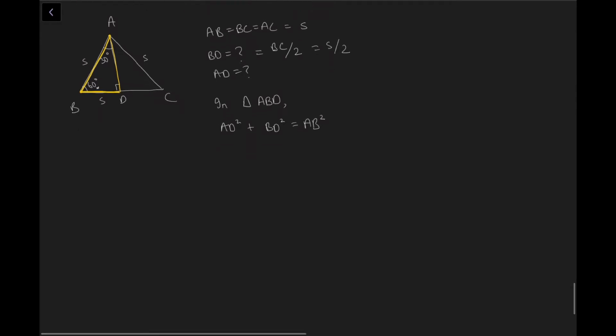So let's substitute our values. We have to find AD, so AD squared plus BD squared, and we know that BD is S by 2, so plus S by 2 the whole square is equal to AB square, which is S square. Now let's simplify this.